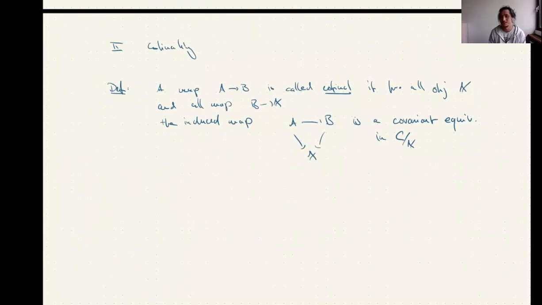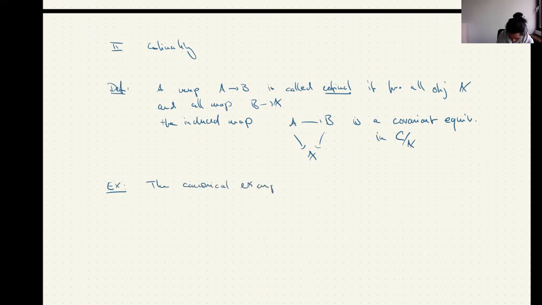And there are some examples which you can give right away, just out of the theory. The canonical examples are the left anodyne extensions. It's just how these model structures are constructed for all these different slices. And also the class R, which plays the role of trivial fibrations.